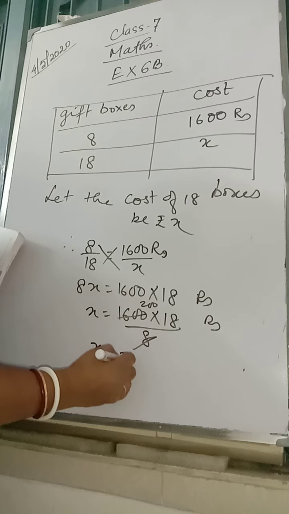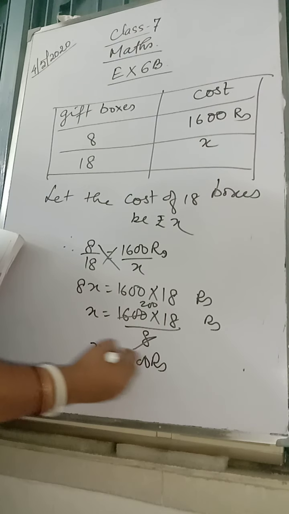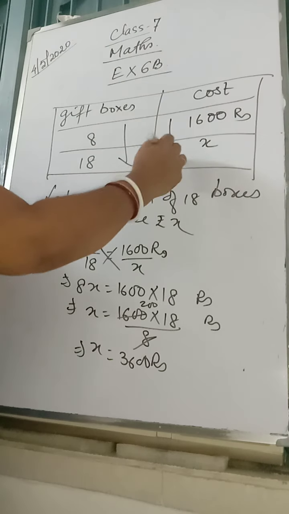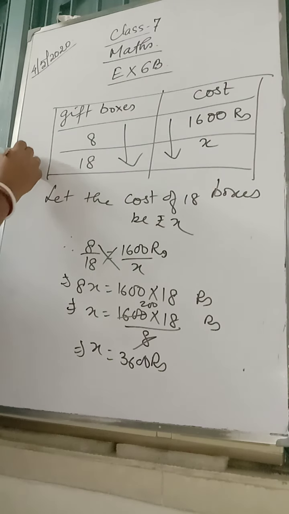So X is equal to 3600 rupees. This is called direct variation.